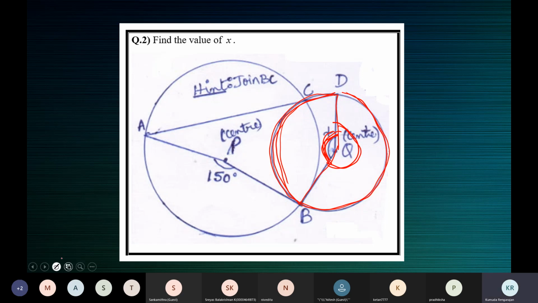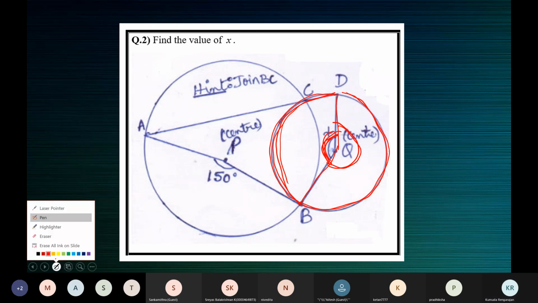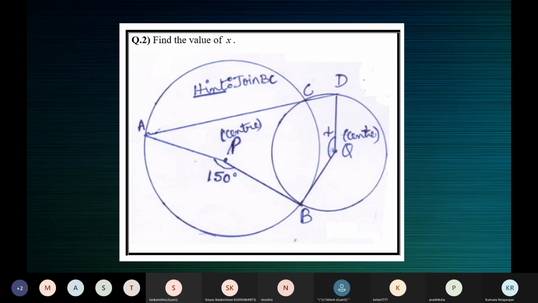Let's see that again. This is angle BQD. When we say BQD, we are talking about this angle. When you say reflex of BQD, you are not talking about BQD, but the rest of the angle around that point.